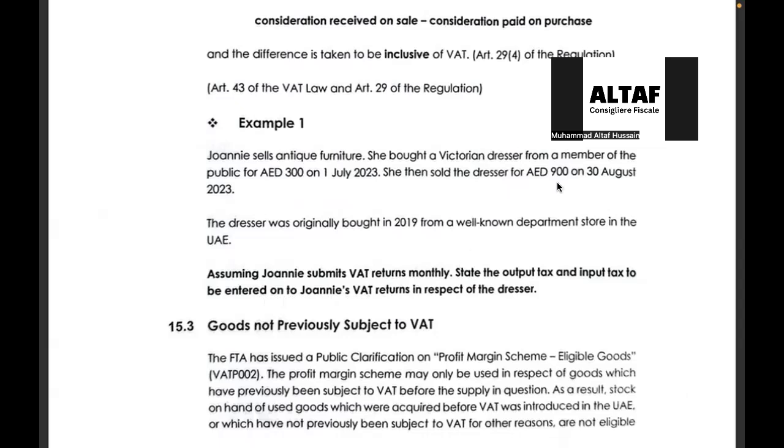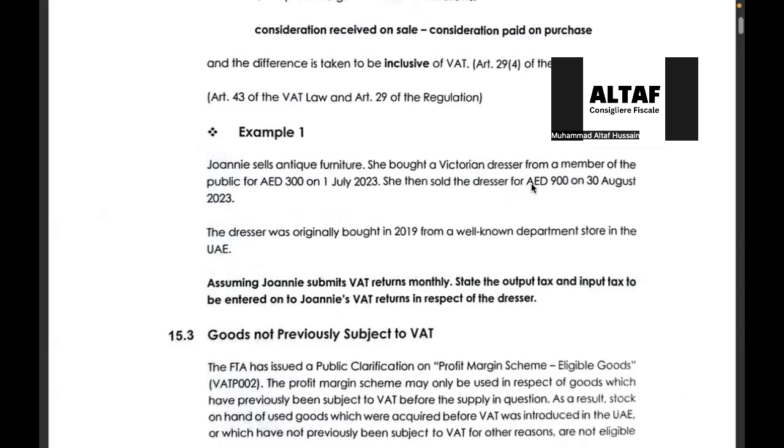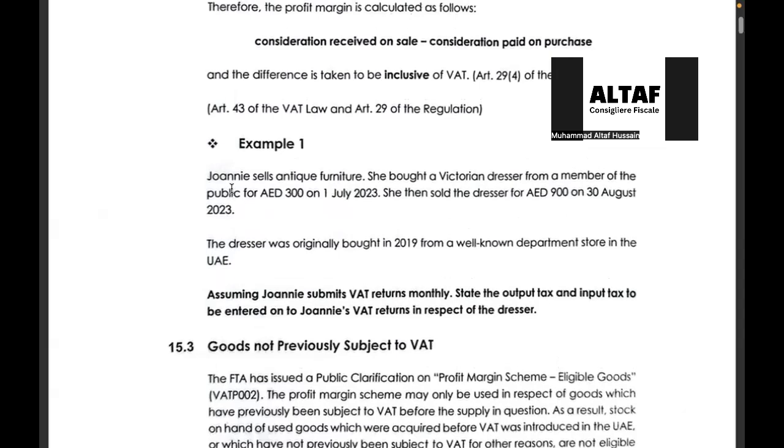So what we will do is, because this was a purchase from a member of public, naturally there's no input VAT on it, but we'll take the difference between the selling price 900 and the purchase price, which is 300. Difference is 600 dirhams. So that 600 dirham will be seen as inclusive of VAT.